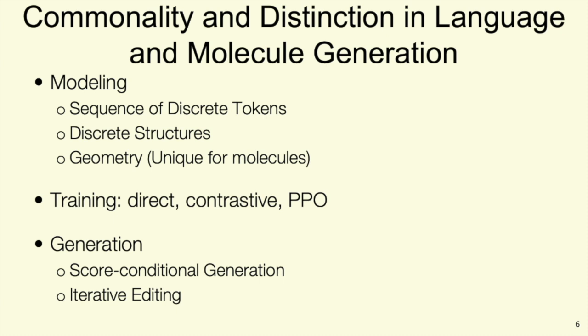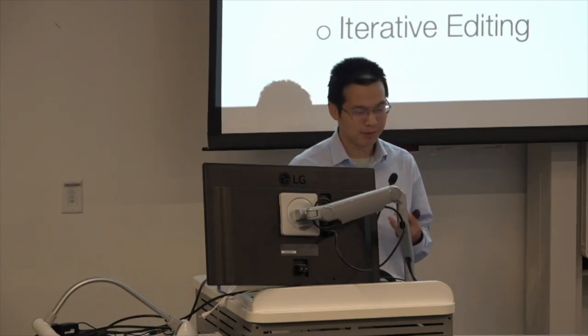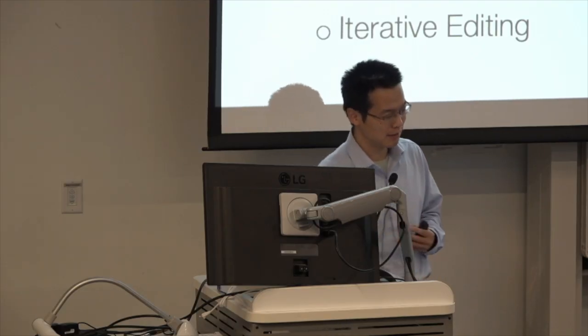In terms of training these models, there are even greater similarities. There's direct training, cross-entropy, contrastive learning, reinforcement learning, etc. Similar ideas. In terms of generation, decoding, where we do a lot of decoding for text, there are similar decoding algorithms for molecules.